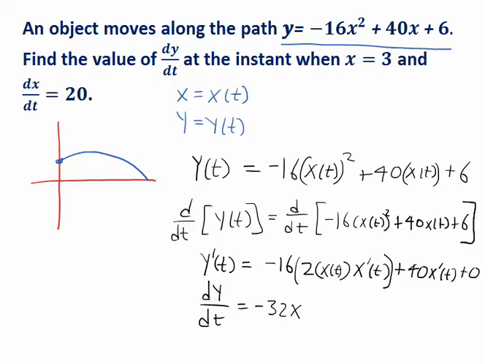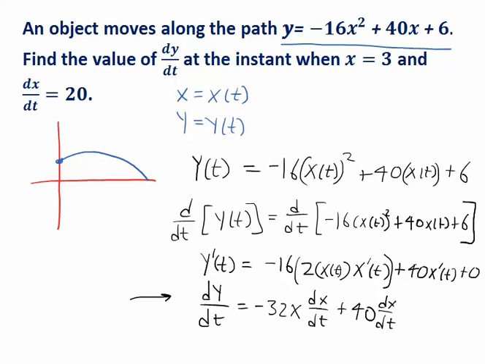And instead of x prime of t, we'll write dx/dt, which means the same thing, plus 40, again, dx/dt. What we have in this line is now an equation that relates dx/dt and dy/dt. dx/dt is how fast the x position of the object is changing. dy/dt is how fast the y position, or the vertical position of the object is changing.